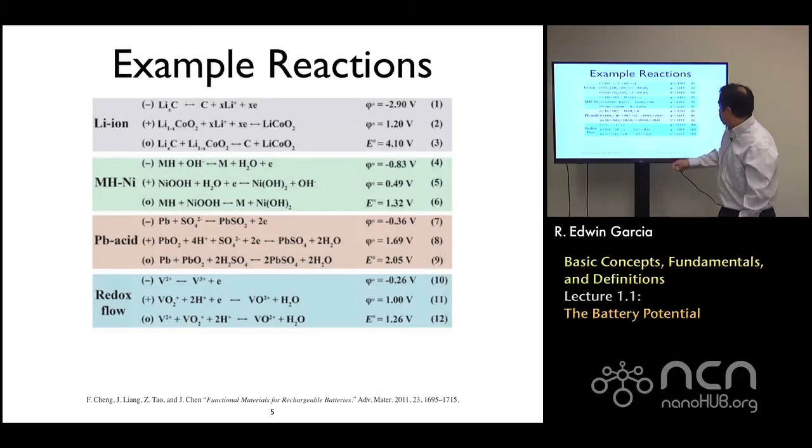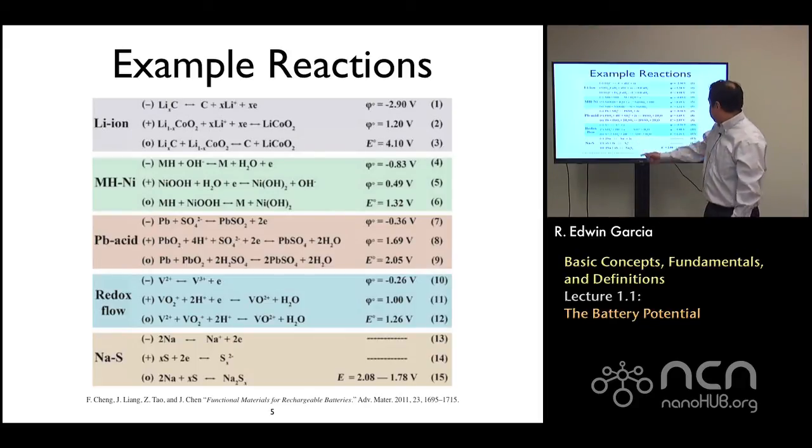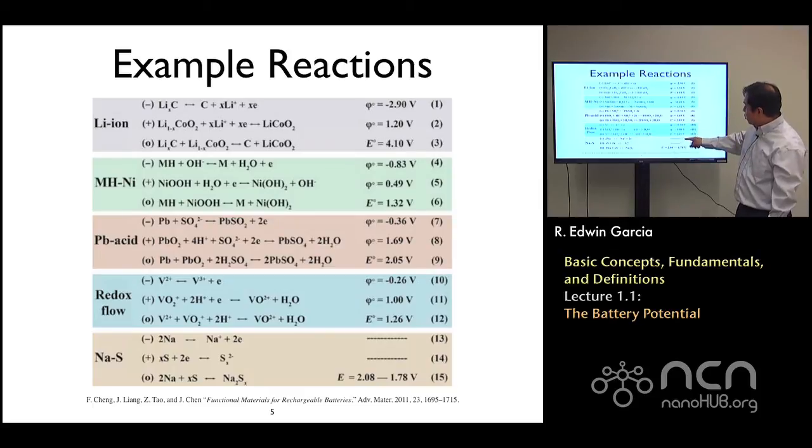The overall reaction is such that we get 1.26 volts. Just to complete it, the sodium sulfur reaction has the same idea, and even though the numbers are not known, you have a voltage that delivers, depending on where you are, somewhere between 2.08 and 1.78 volts, giving you an idea on how to start thinking about these reactions and what to do with them.